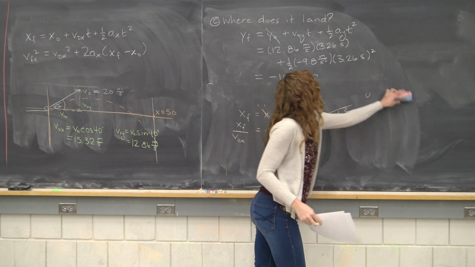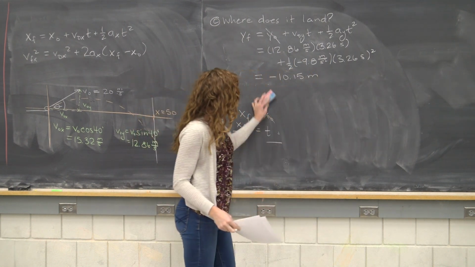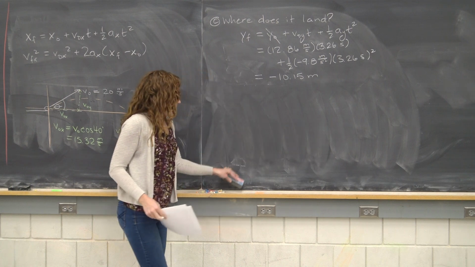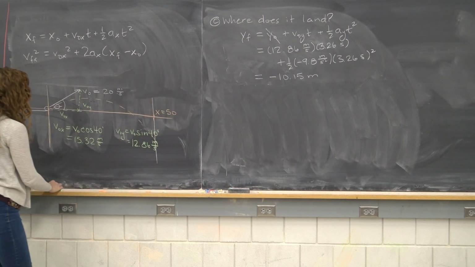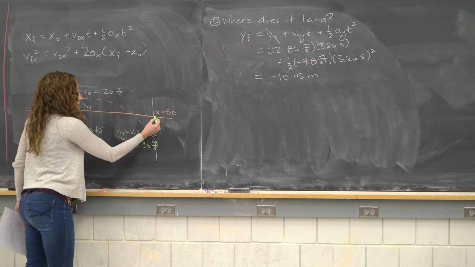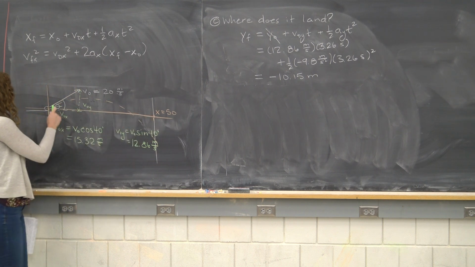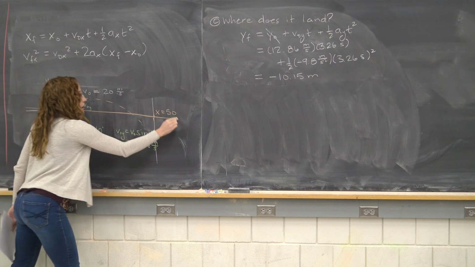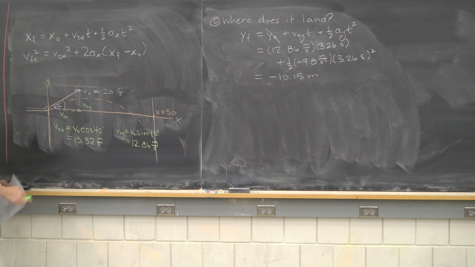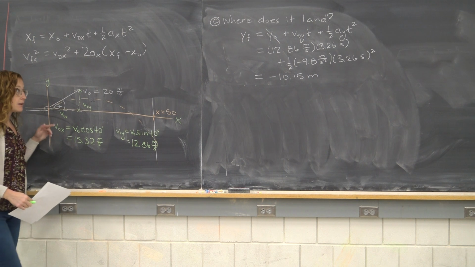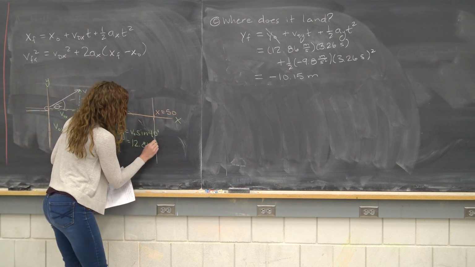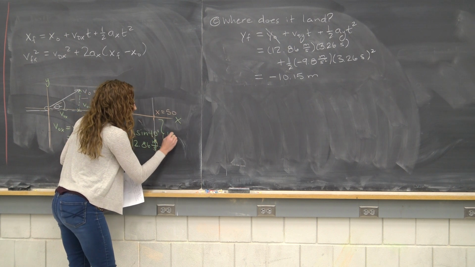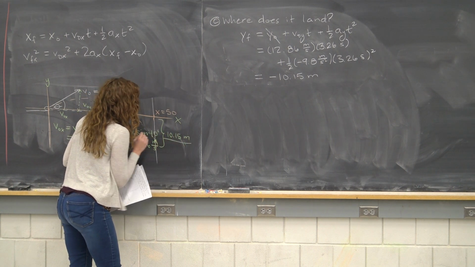This means that we land at negative 10.15 meters on my axis. So looking over here, this is 0 on the y-axis, right? Again, this is my y-axis and this is my x-axis. So on my y-axis, I'm landing below where we started. In fact, I'm landing 10 meters below where we started. So wherever this lands right here, this is 10.15 meters.